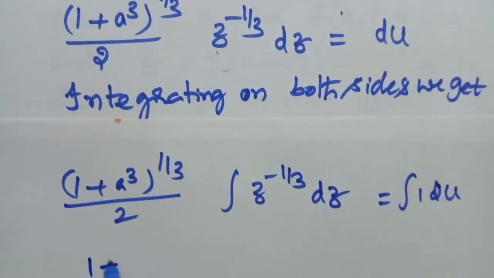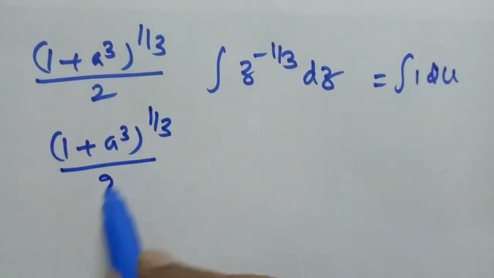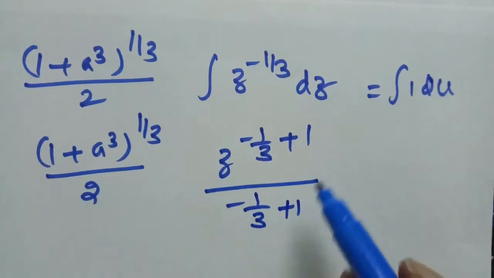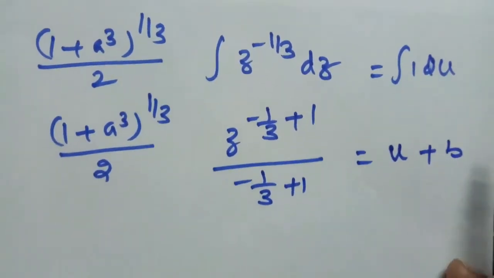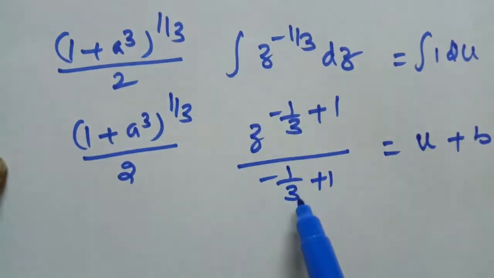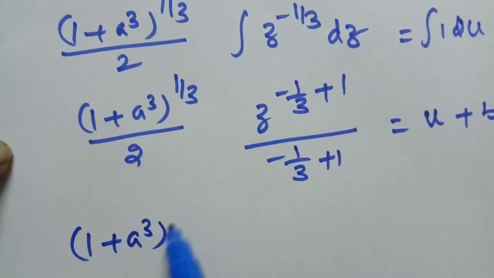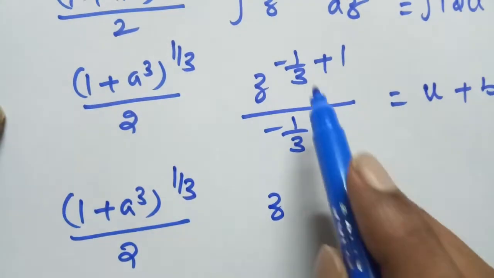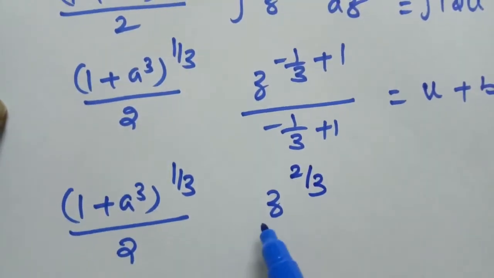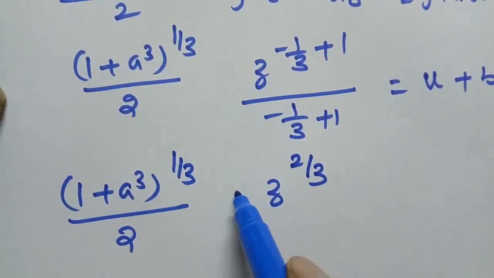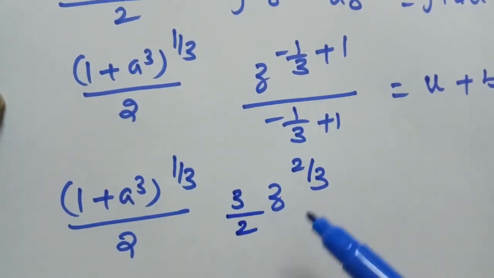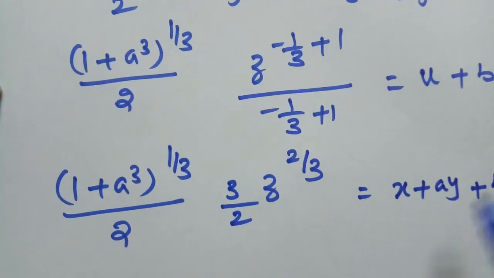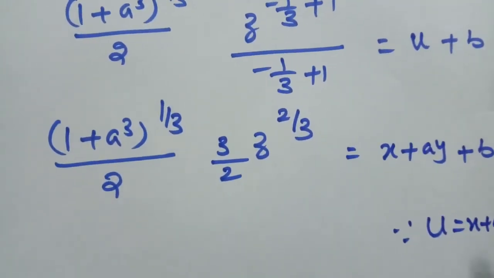Since integration of x power n is x power n plus 1 by n plus 1, we get 1 plus a cube whole power 1 by 3 by 2 into z power minus 1 by 3 plus 1, that is 2 by 3, divided by 2 by 3, is equal to u plus constant of integration, that is x plus ay plus constant, since u is equal to x plus ay.